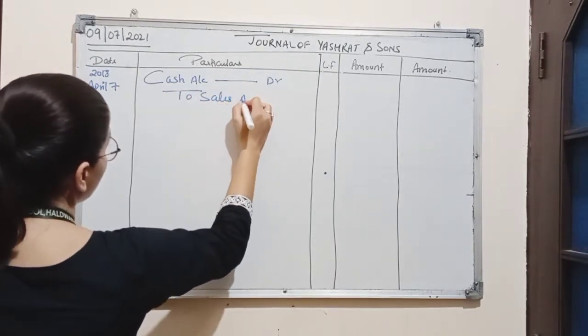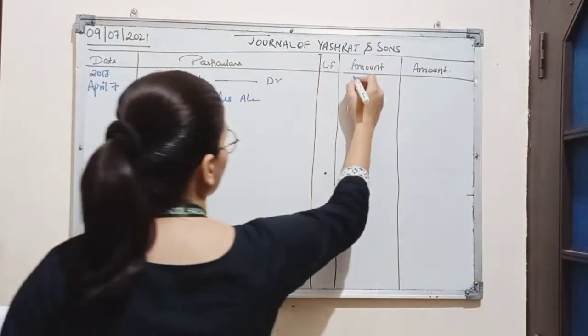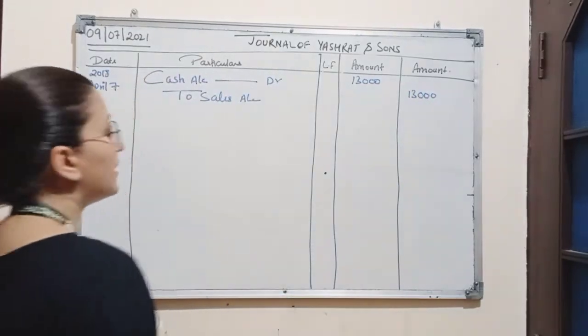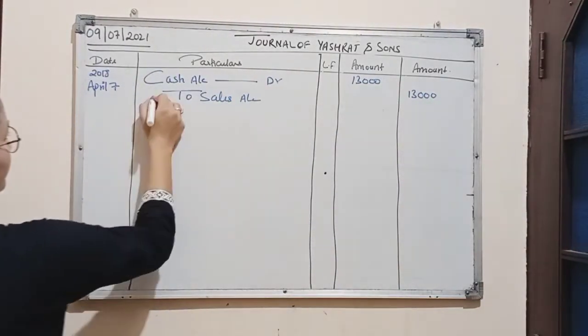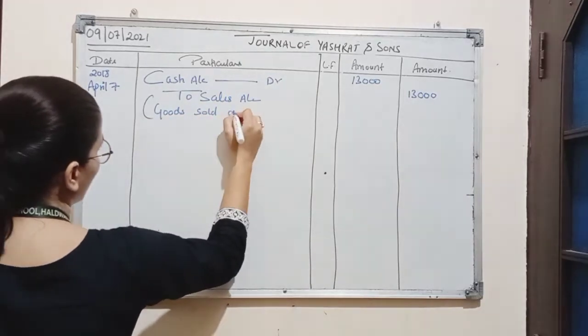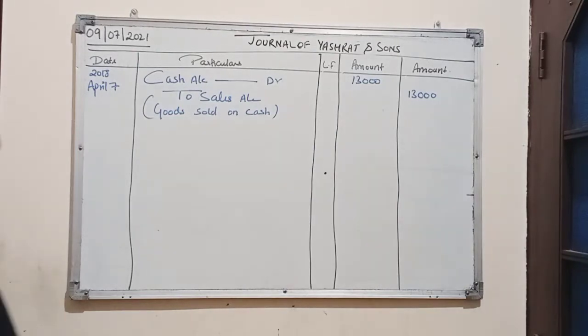Sales is an income, so it will be credited. Goods have been sold for the amount 13,000. Here the narration for this transaction will be goods sold on cash.